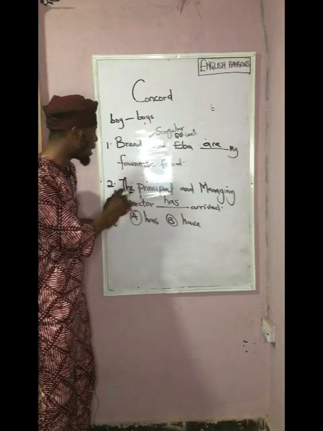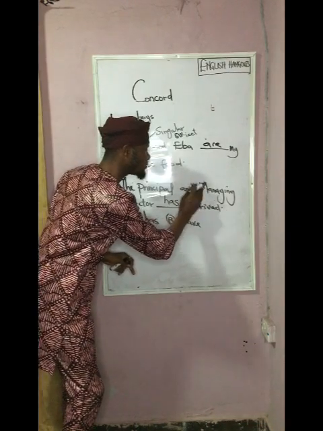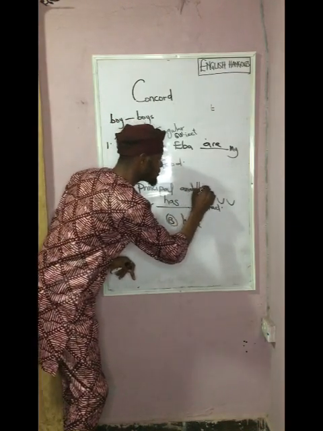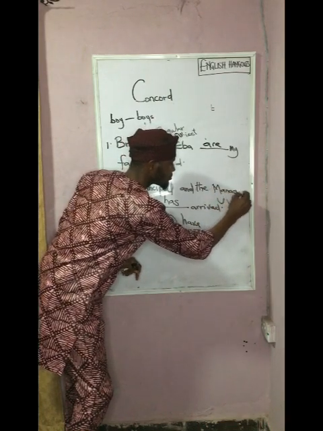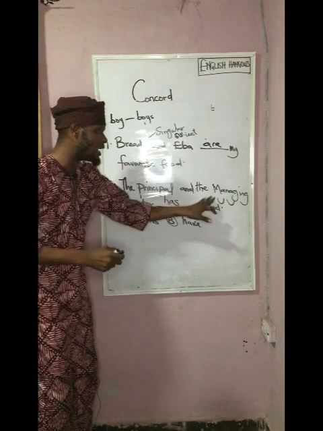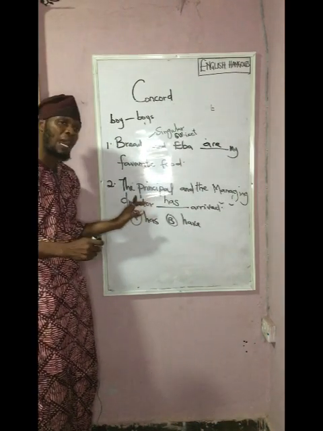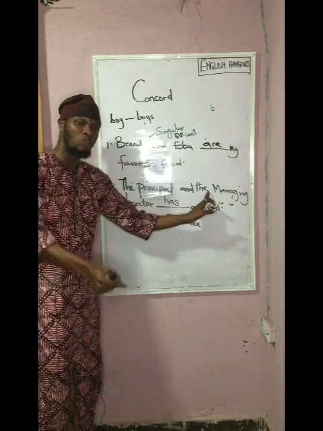But if we have the principal and we have article D here, the moment we have article D here, this particular principal is an entity now. The managing director here is also another person.